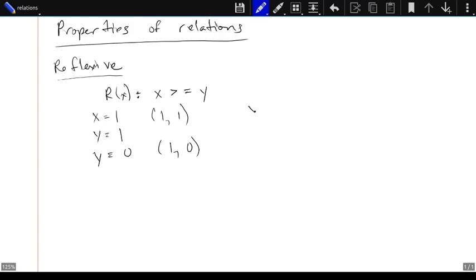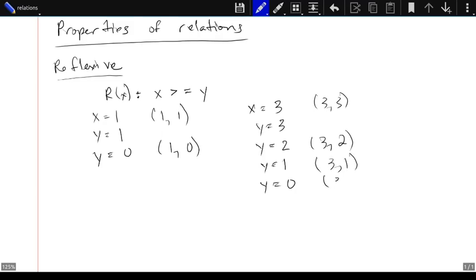For example, if x equals 3, the relation holds true for y equals 3, y equals 2, y equals 1, and y equals 0. So we have the pairs 3, 3 and 3, 2 and 3, 1 and 3, 0. And if we're including negative numbers, then we also have all of the negative numbers to infinity, right?